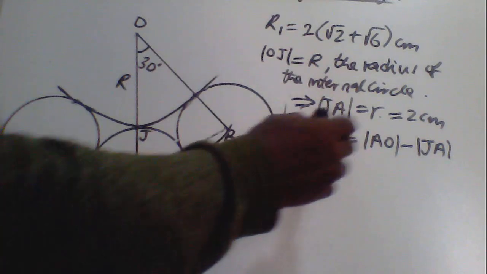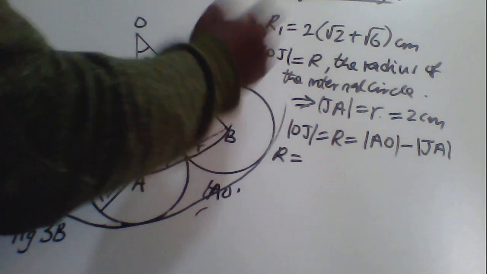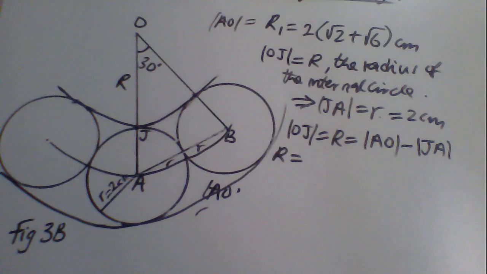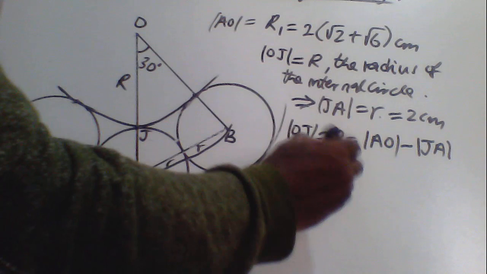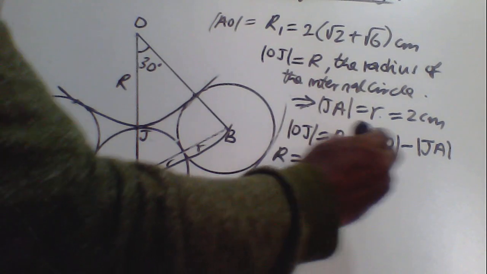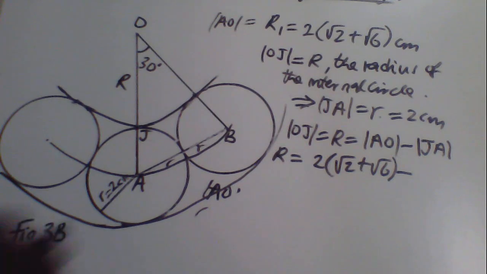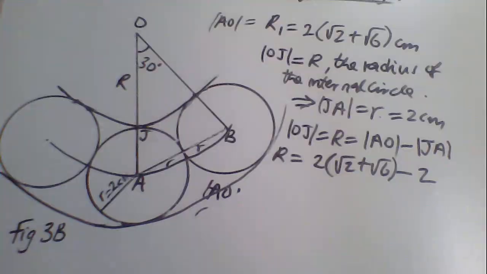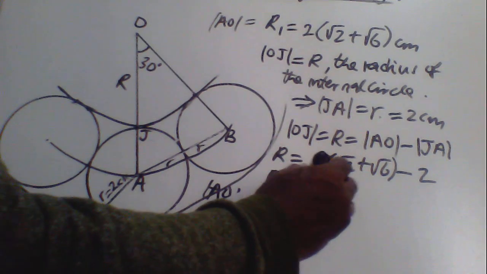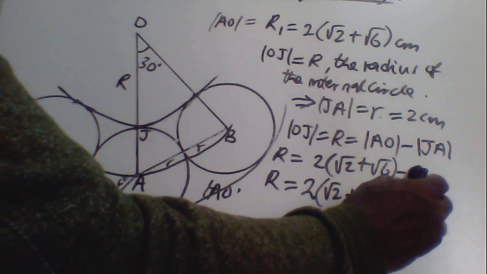So from here r is equal to AO, and we have gotten AO to be equal to R1, which gives us 2(√2 + √6) minus JA, and JA is equal to 2. So all you need to do is simplify it. You have r equal to 2(√2 + √6) minus 1 cm.